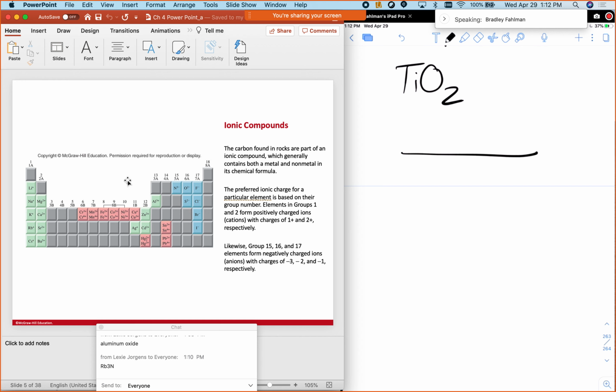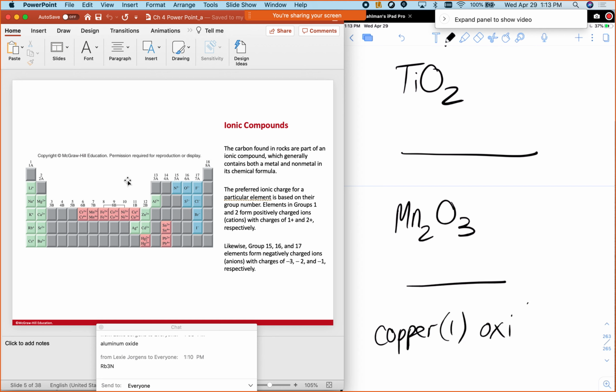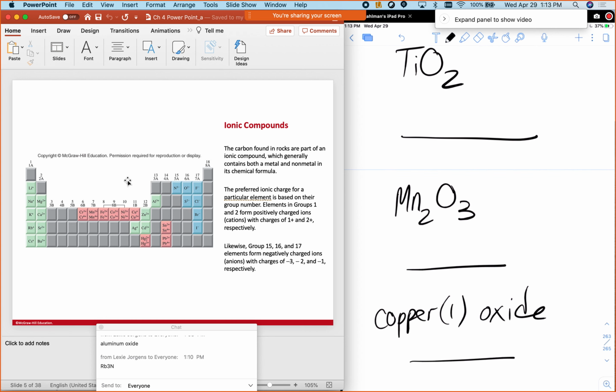And then let's do one like this. Okay, so let's do those. So TiO2, this one first. What's the name for that?